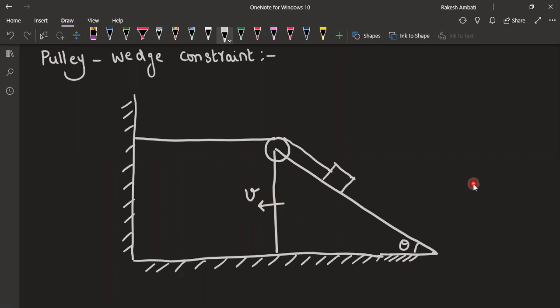So it is the first example right now. This wedge is moving to the left side with velocity v.